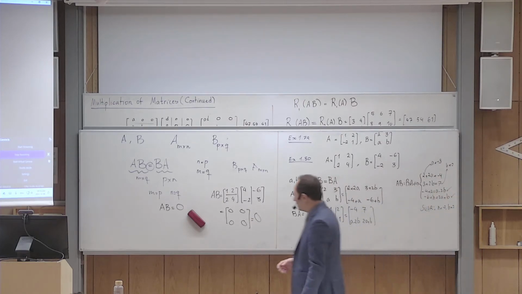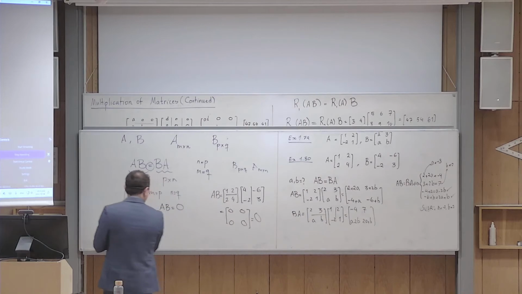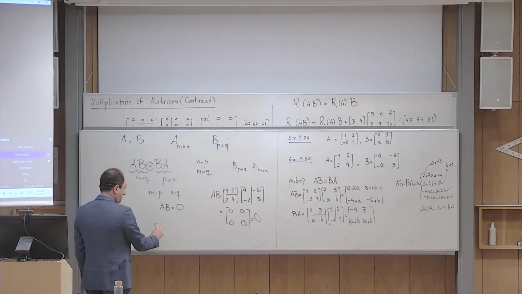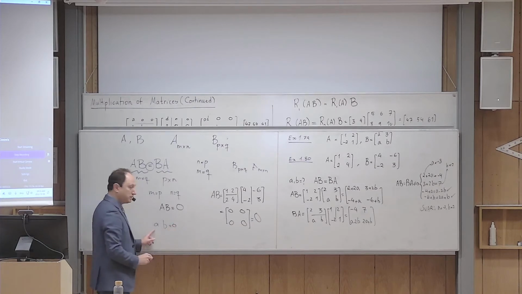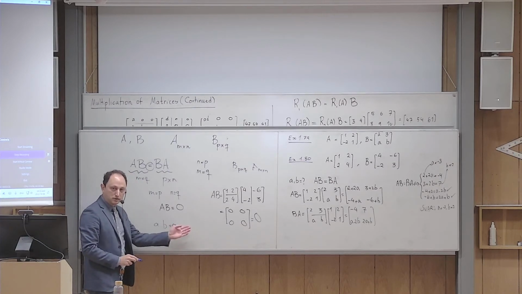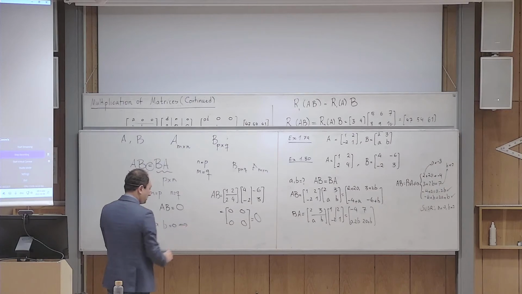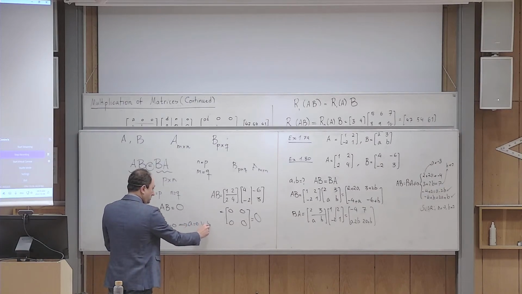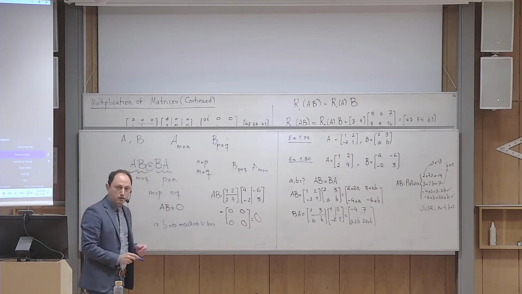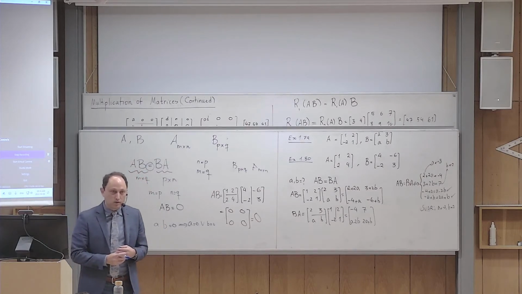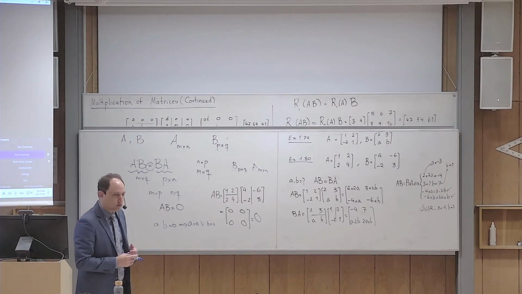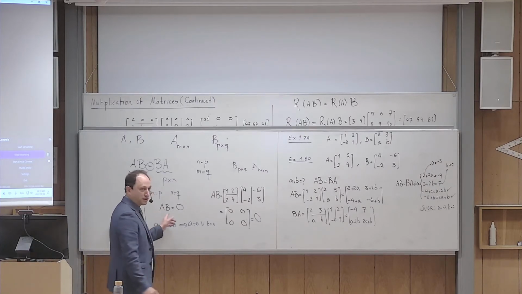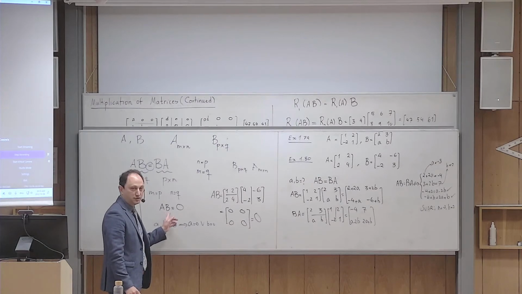It means that if A and B are numbers, and you know the product is 0, what is the conclusion that you can draw? One of them is 0. At least, A is 0 or B is 0. This is no longer true in matrix theory. If the product of two matrices is the 0 matrix, there is no guarantee that at least one of them has to be the 0 matrix.